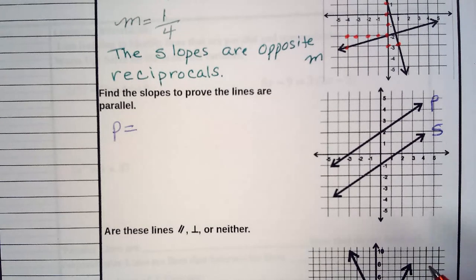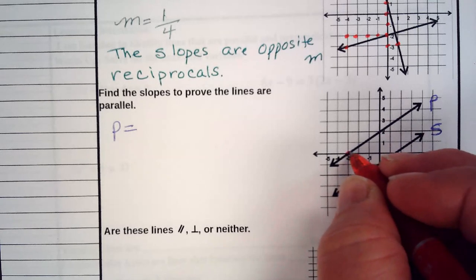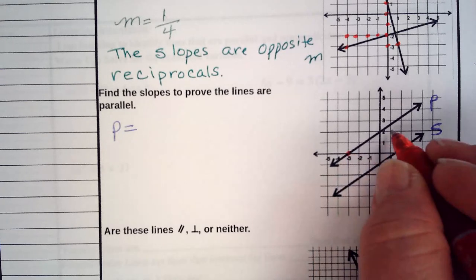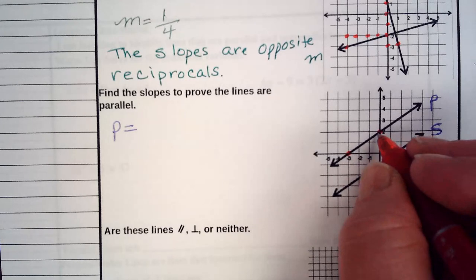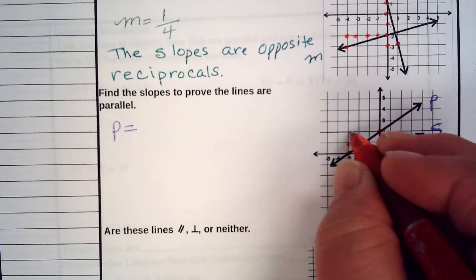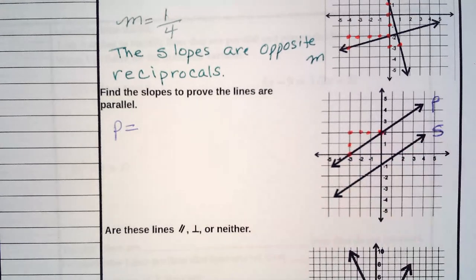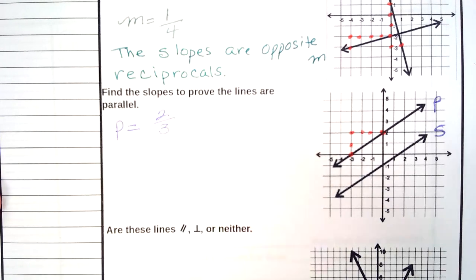I'm going to look for points where they intersect the corner of a box. Here's one, and as I go up through here, here's the second one. So I'm going to go up 1, 2, right 1, 2, 3. So my slope is 2 over 3.